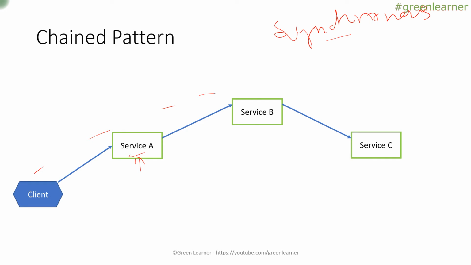What I mean by synchronous is that service A is going to wait for the response from service B. If service B is calling service C, it is going to wait for the response from service C. The response from service C is the final. Then it is going to respond to service B, service B is going to respond to service A, and finally the client is going to get the response from service A. Because we have this linear architecture, we call it the chain pattern, like a chain.